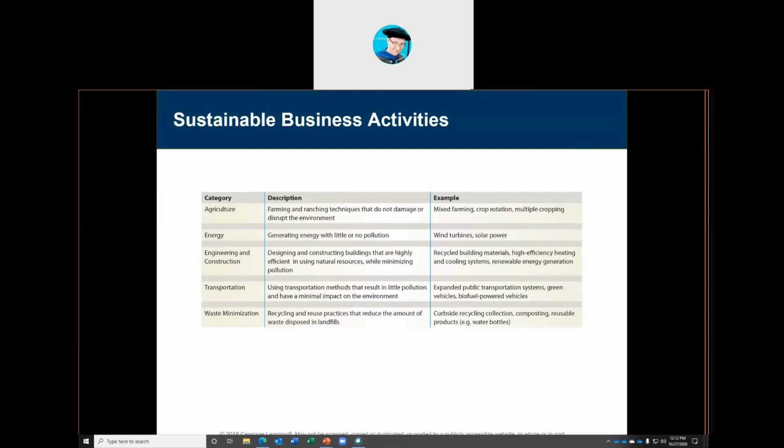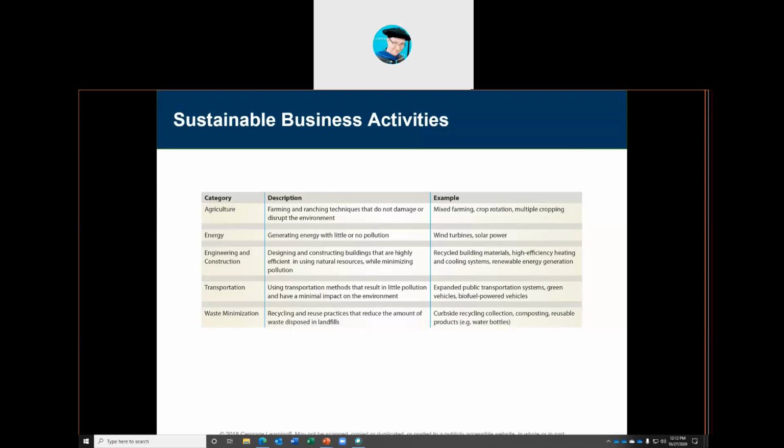Examples would be for farming sustainability by using less manure, by enhancing the crops to become stewards of the environment. Energy is another category by which we are converting gas to renewable energies. Engineering and construction, buildings are being built by being more energy efficient.